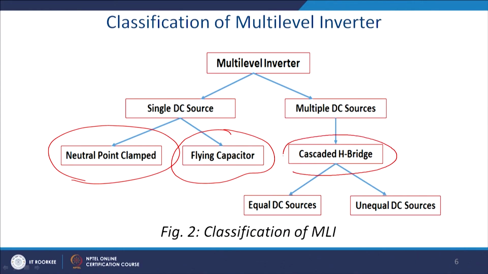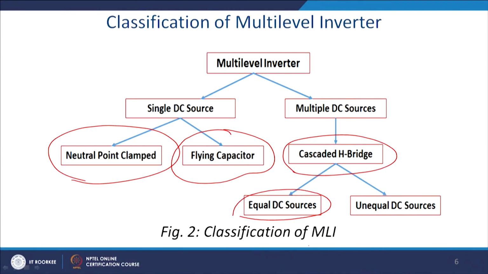So, you have a modular kind of setup; you can increase the number of modules simply by using more modular switches. But the disadvantage in the cascade multilevel inverter is that you require a separate DC source. Nowadays this kind of topology finds a lot of application in solar inverters, because a solar panel can be treated as an isolated DC source, and thus you can generate different kinds of voltages.